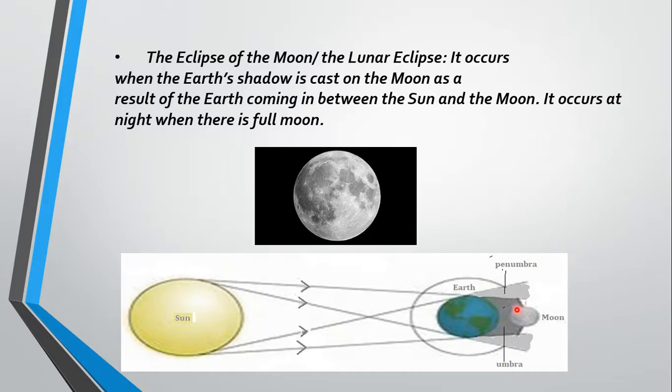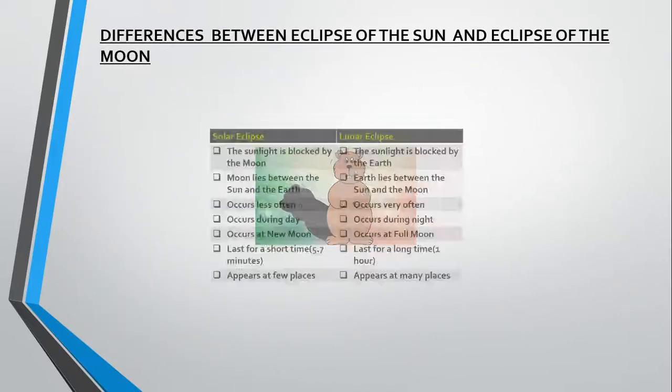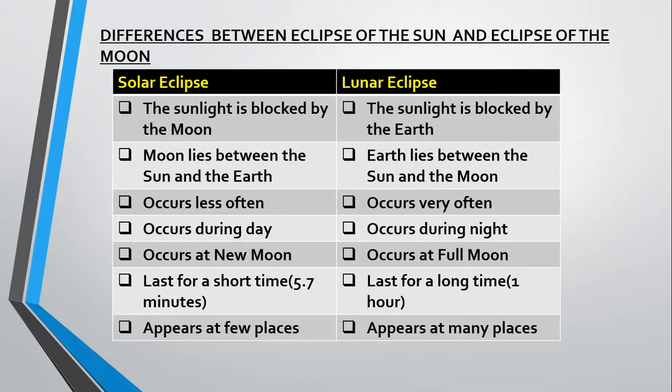I hope you understand. Now, the understanding will be made better if you strike a tabular difference between eclipse of the sun and eclipse of the moon. So now let's move on to look at that quickly. Very good.